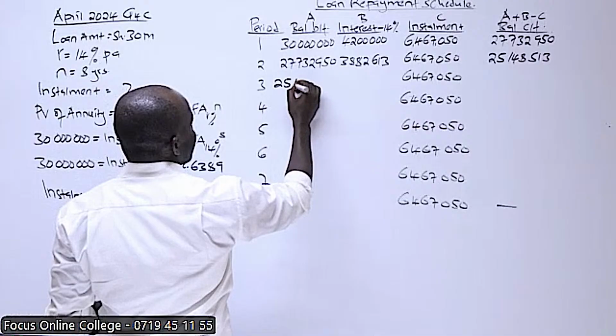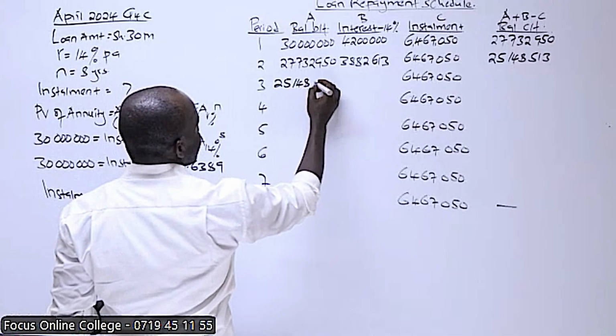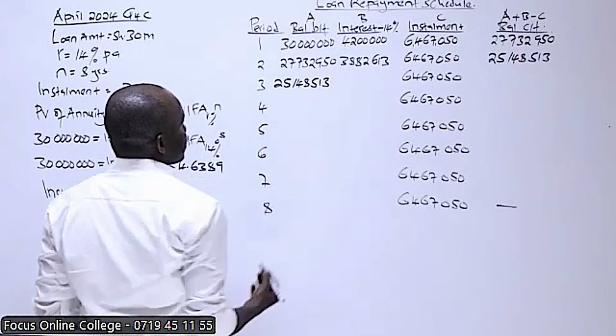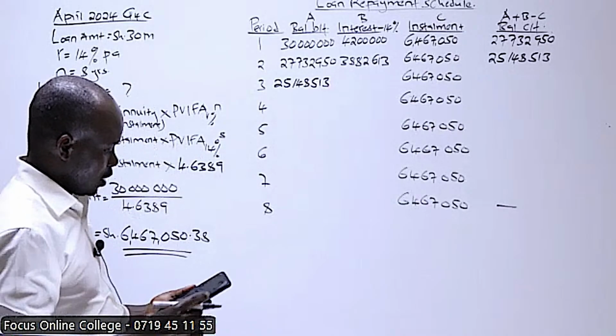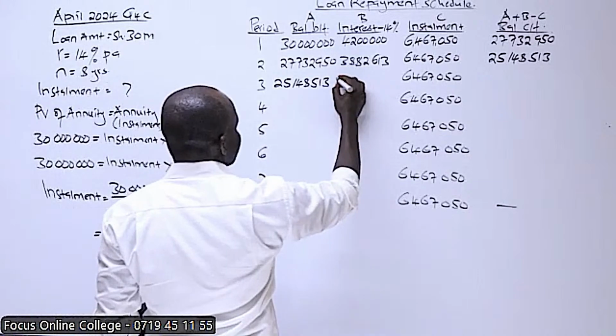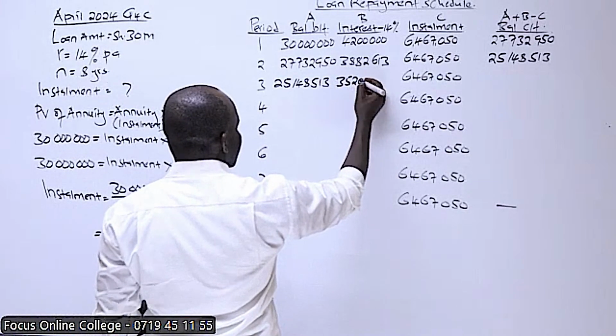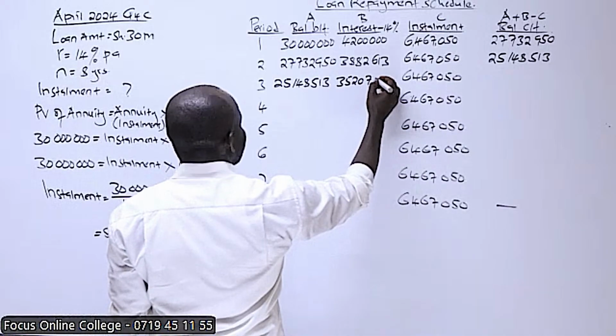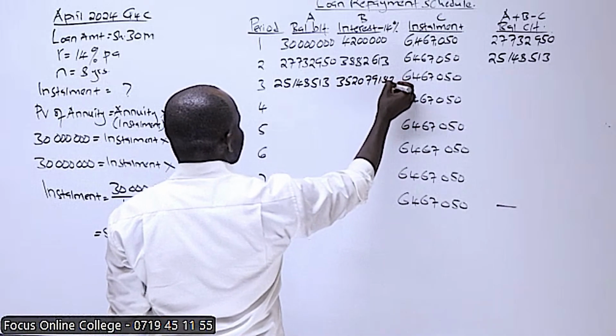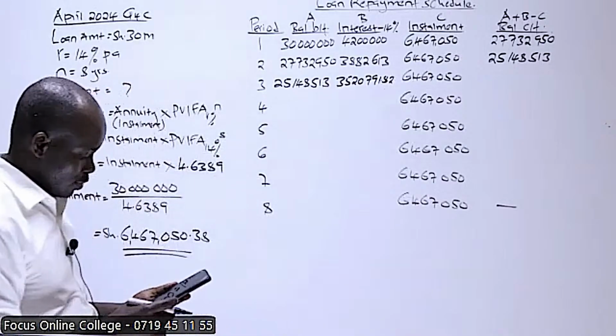25, 148, 513. Then again, you charge interest. It's 3,520,791.82.